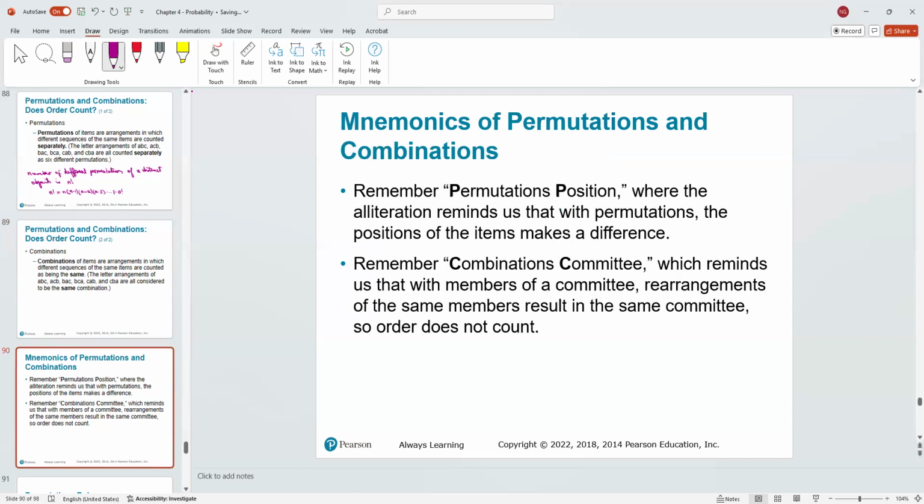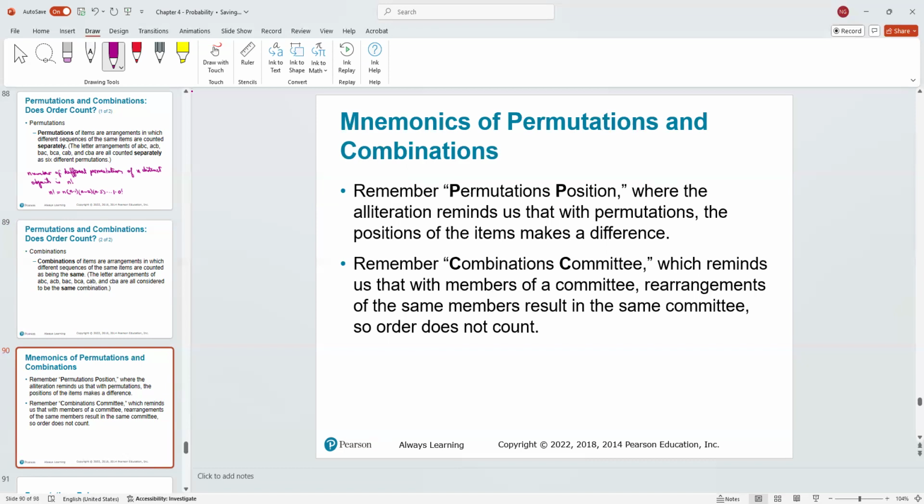So remember, permutation position, where the alliteration reminds us that with permutations, the position of the items makes a difference. You cannot change the order. If you want to form a committee of three members taking out of eight students, these three members must be president, vice president, and secretary. You cannot switch the position between president and secretary.